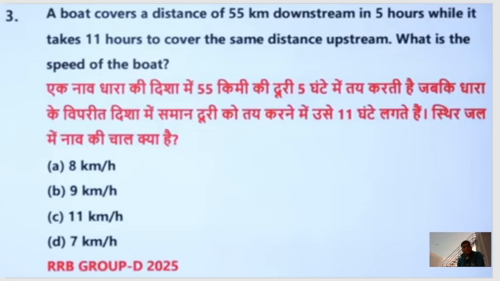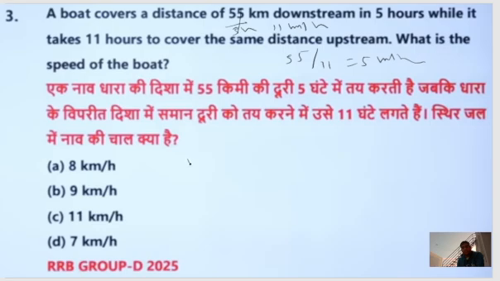Next question is, a boat covers a distance of 55 kilometers downstream in 5 hours. So 55 kilometers in 5 hours, the downstream speed is 11 kilometers per hour. While it takes 11 hours to cover the same distance upstream, means 55 kilometers in 11 hours, it means 5 kilometers per hour.